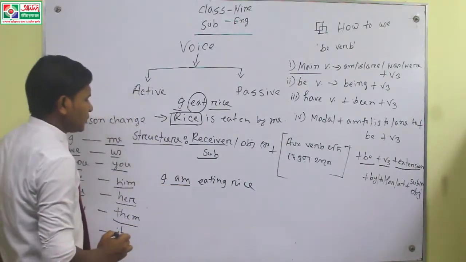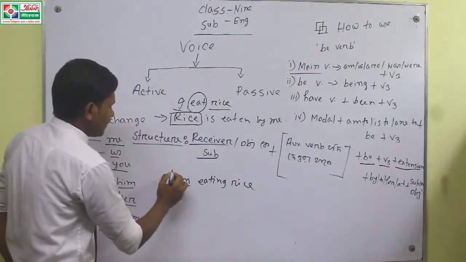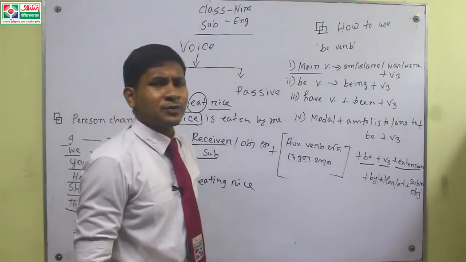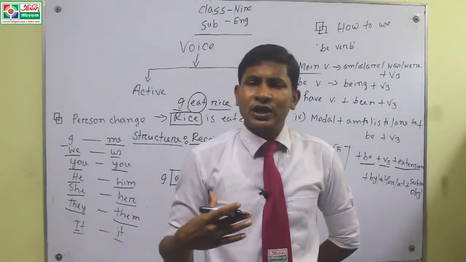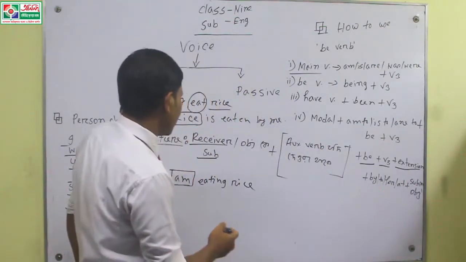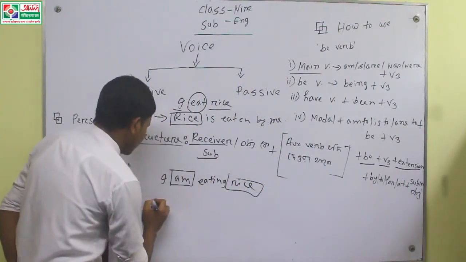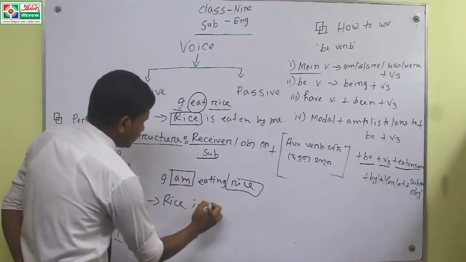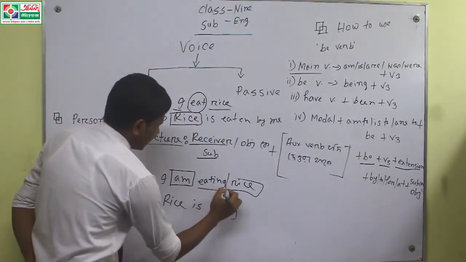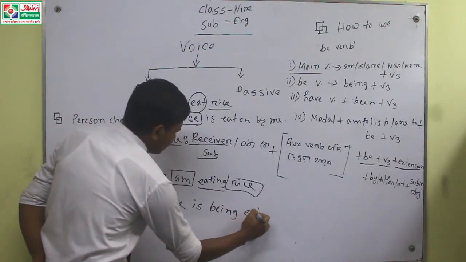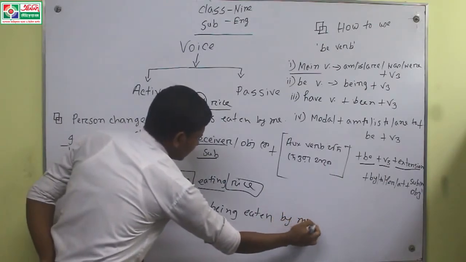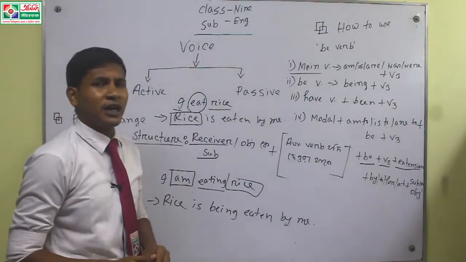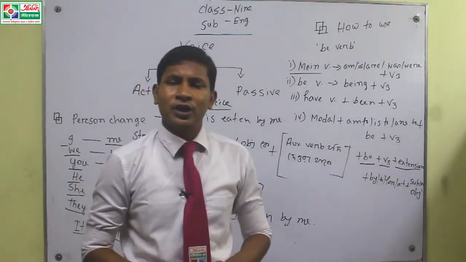In this sentence, we see that am is the be verb. How do we use the be verb after am, is, are, was, were? At first we use rice, then the matching verb is, then being, the past participle form, eaten by me. In this way we can change the be verb after am, is, are, was, were.